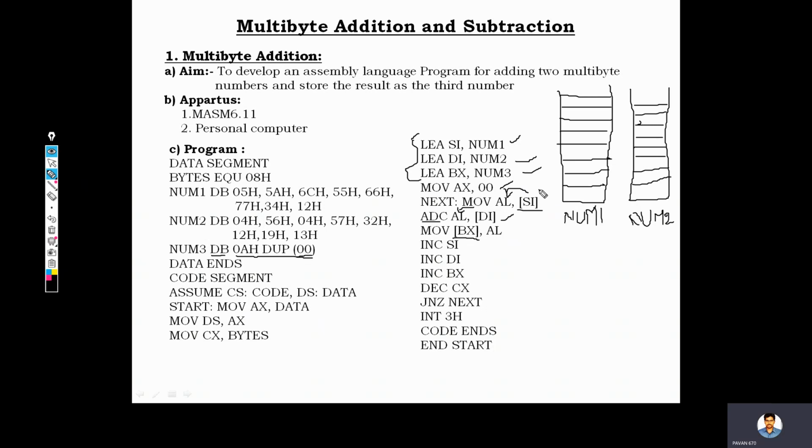The base address of num1 is held by the SI register, and the base address of the num2 array is held by the DI register.